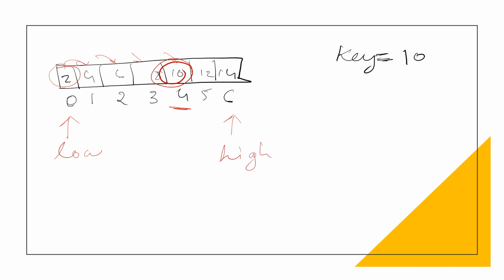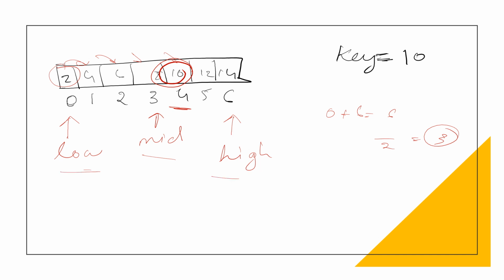And now, what is the mid of this? 0 plus 6 is equal to 6, and 6 divided by 2 is equal to 3, right? So now the mid of this is 3. This is how we first start off. We label 3 points which are low, mid and high.